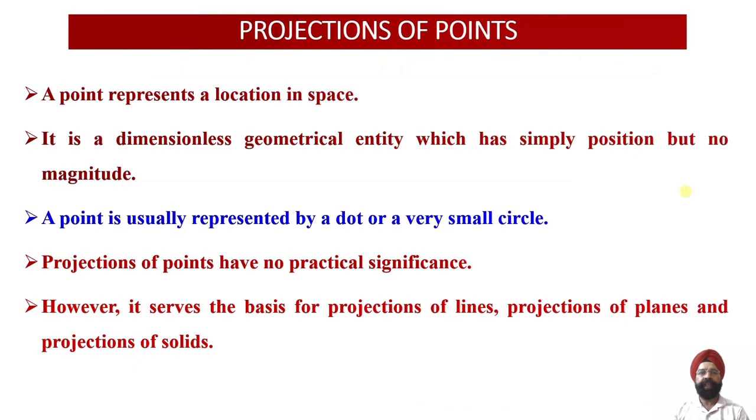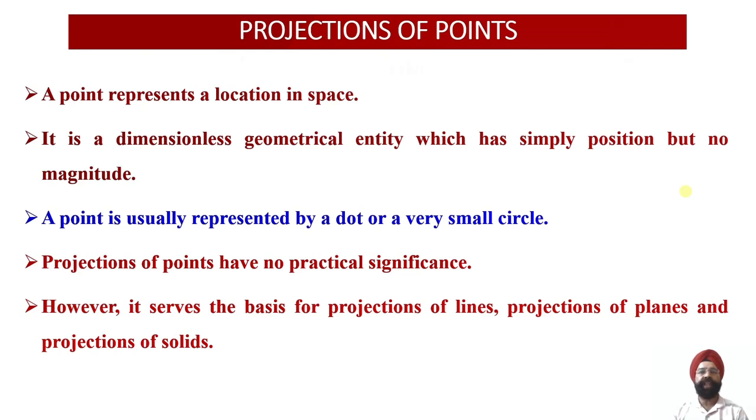A point represents a location in space and it is a dimensionless entity which has simply position but no magnitude. So it is usually represented by a dot or a very small circle.